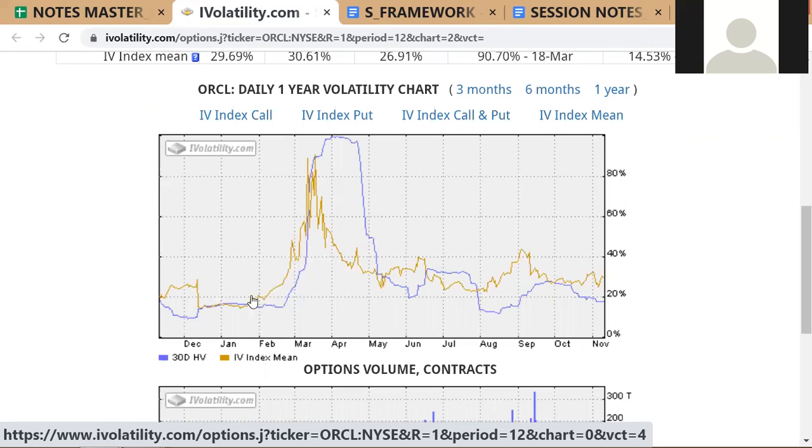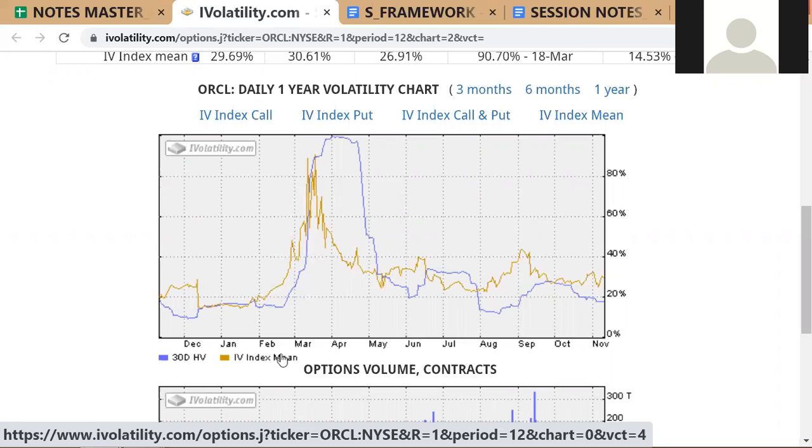So there are two things to note here. They're not completely out of line with each other, but they are also not always in lockstep. If you think that this is always going to be in lockstep, that's not going to happen. Essentially, what this IV is, is also the market's understanding of what this blue line figure will be.